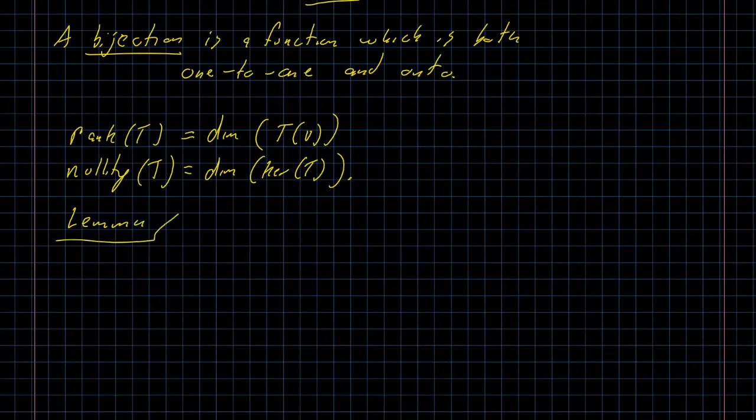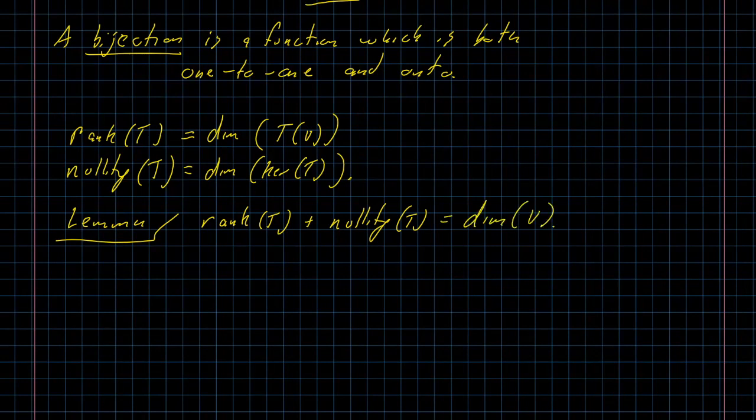And the lemma that comes as a result is something we have seen before. The rank of T plus the nullity of T is equal to the dimension of V.